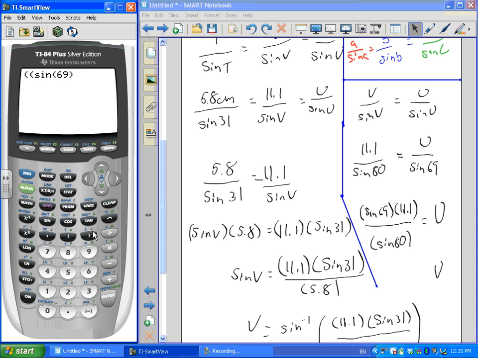I still have to end one more bracket. There we go. So I have sine 69, so it's going to deal with that first. Multiply by 11, end bracket again. So I'm doing all that first. So calculator is going to find sine 69, then multiply by 11, and then finally, please divide by, and this needs to be done first also, sine 80, bracket, end bracket. If you can't do that all in one step, don't. Okay?